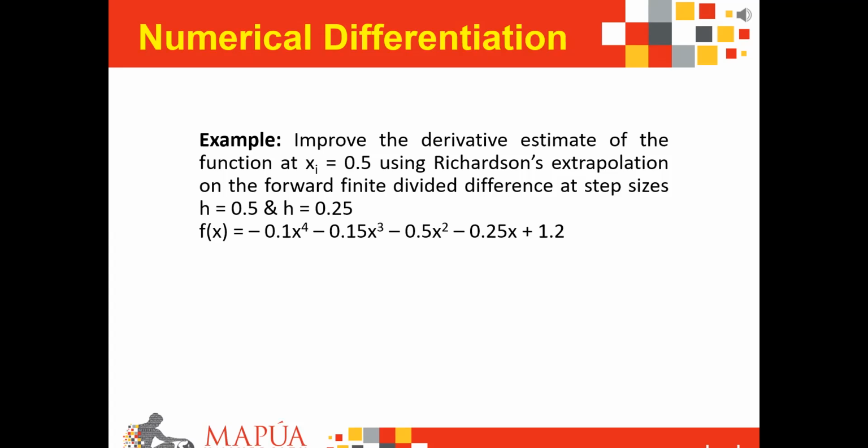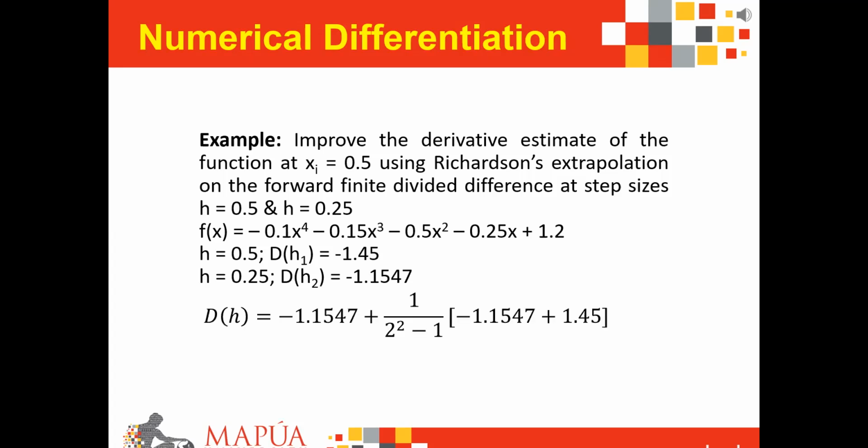Let's try to apply then this particular improved formula using Richardson's extrapolation on our previous function on the forward finite divided difference using the step size h equal to 0.5 and h equal to 0.25. At h equal to 0.5, take note the derivative estimate was negative 1.45. And at h equal to 0.25, which is half the previous step size, the new derivative estimate turns out to be negative 1.1547.